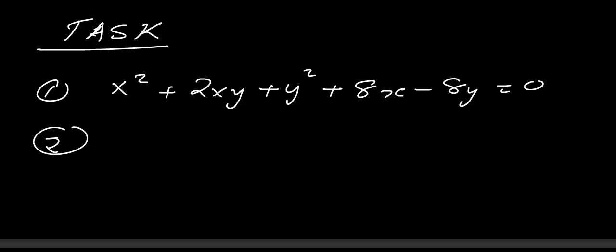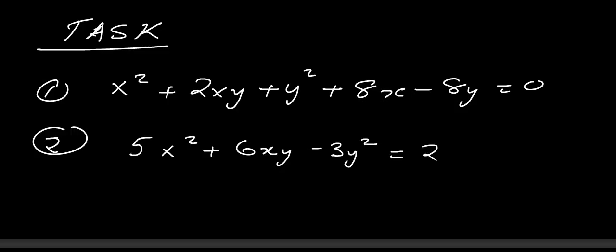And the second one, this is pretty easy: 5x squared plus 6xy minus 3y squared is equal to 24. So you can try this and then submit to me on WhatsApp, then I'll be able to see if you understand the concept. We're trying to get rid of the xy term.